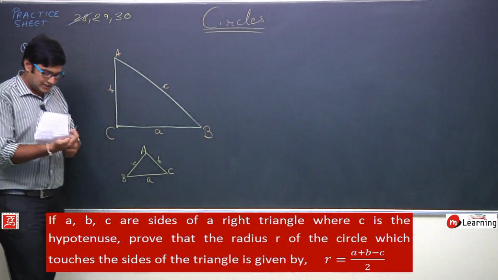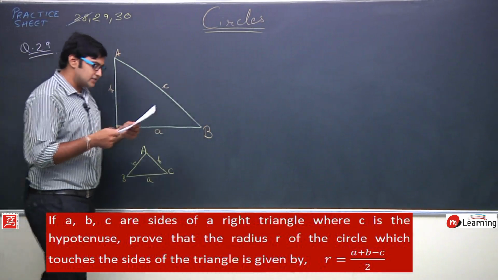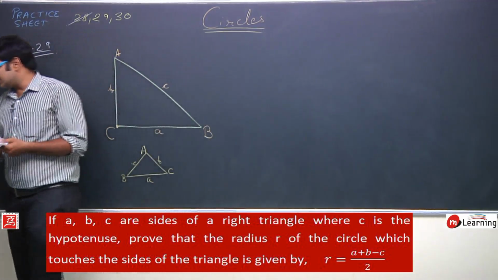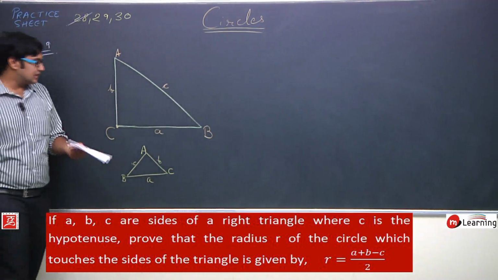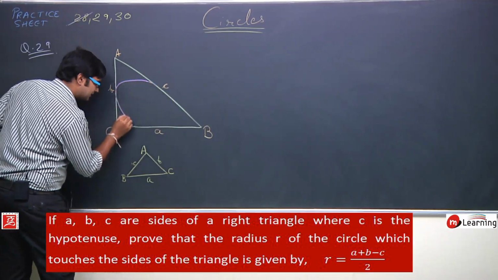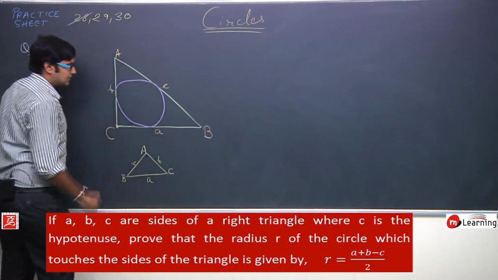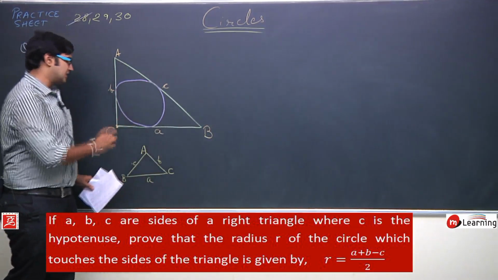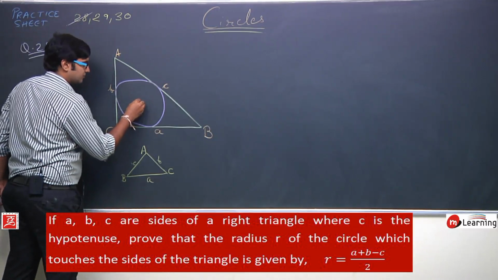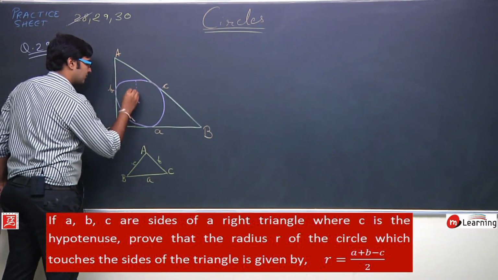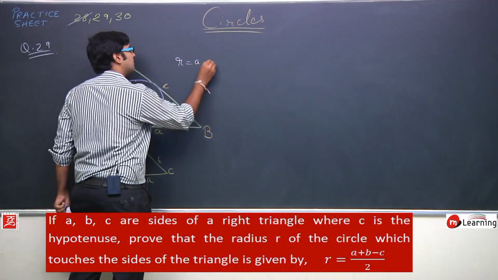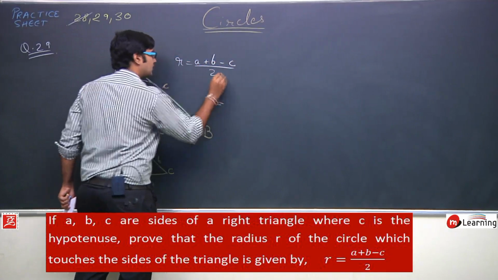Now it says, prove that the radius r of the circle which touches the sides of the triangle. Okay, so there is a circle which touches the sides of this triangle. It means this circle is definitely inscribed inside this triangle. So let us say this is the circle. Okay, let us approximate that this is a circle. Now the radius of this circle, this is the center, so the radius of this circle r, we need to prove that r is equal to a plus b minus c divided by 2.